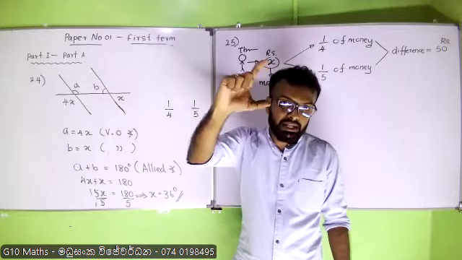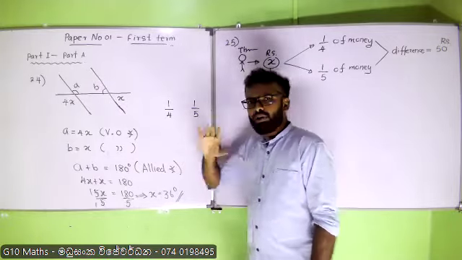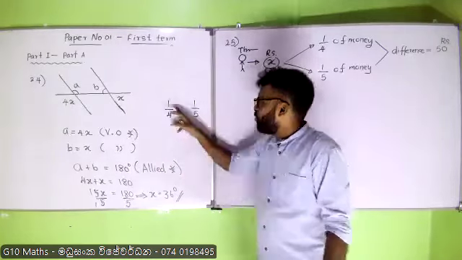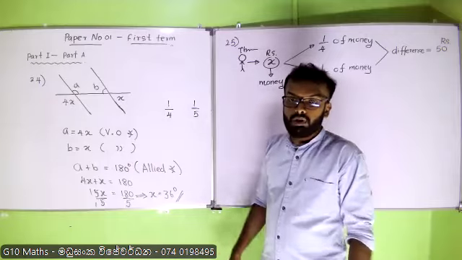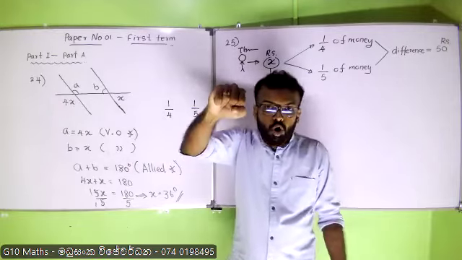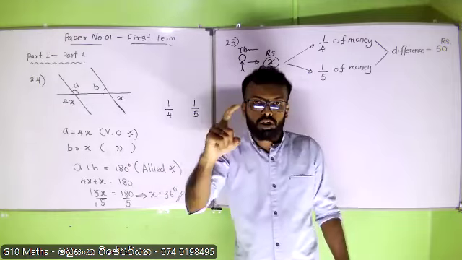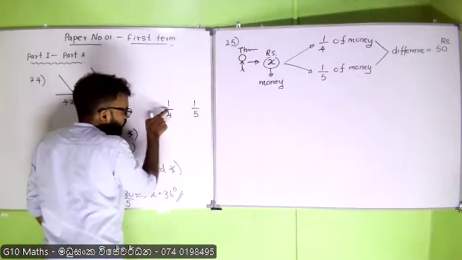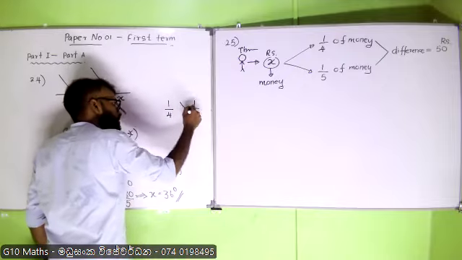Grade 8 and grade 9. Numerators don't matter, 1 we don't care. Denominators 4 and 5. The fraction with the smallest denominator is the biggest one. So the smallest denominator is this one, so this one is the biggest.